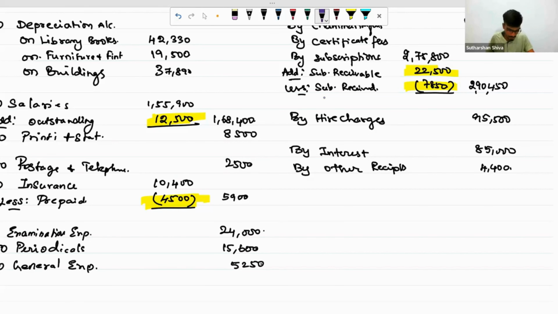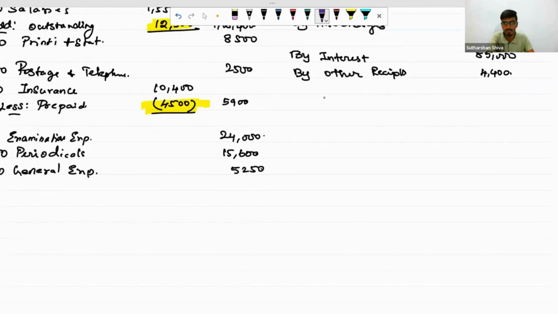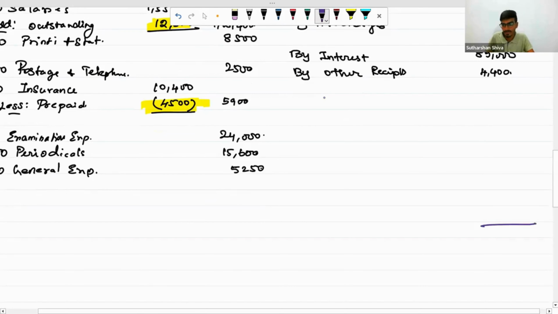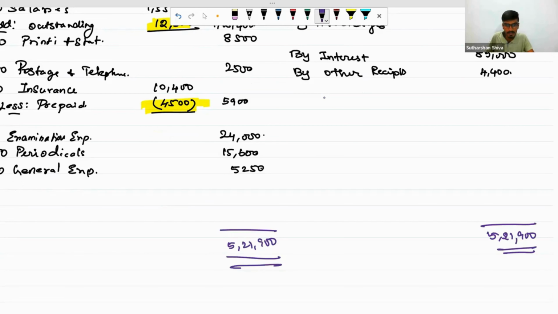The total value comes to 5,21,900. Here also it is 5,21,900. Now do the balancing.